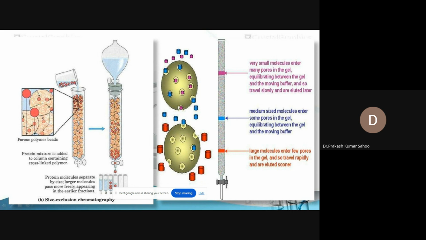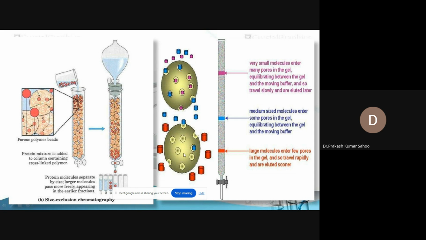So here this is the bead we have, and the blue and the purple colors are the sizes which are more or less accommodated within the bead size, and the red size particles are very large and cannot be accommodated in these pores.